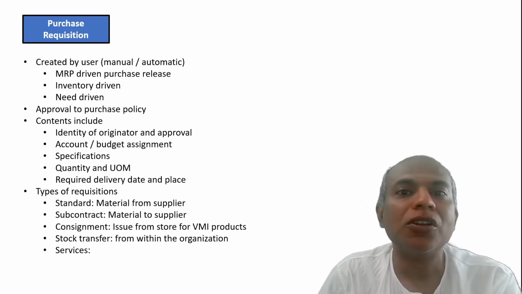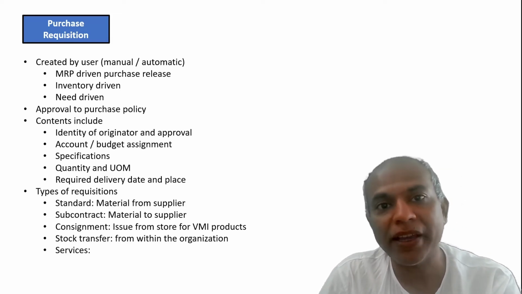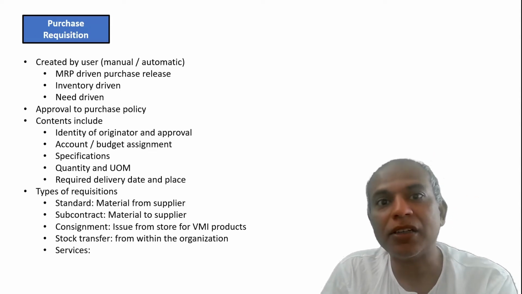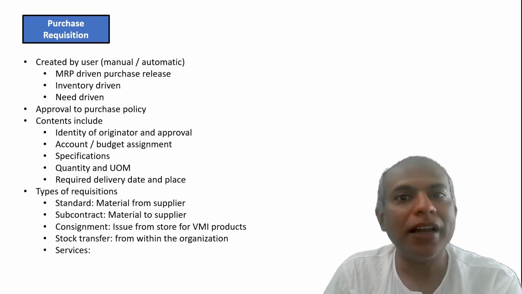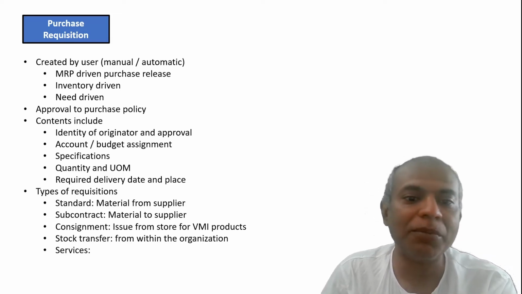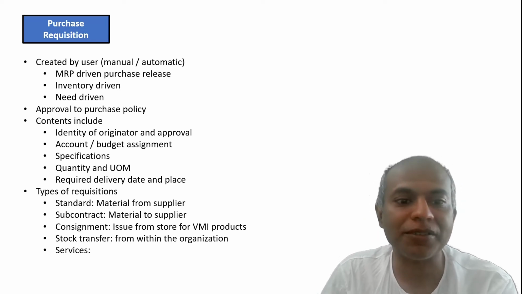So in that case, some user from the buying company could issue a consignment requisition, which is then converted to a consignment PO, and then the ownership transfer and usage of that VMI, vendor managed inventory, raw materials or components takes place.